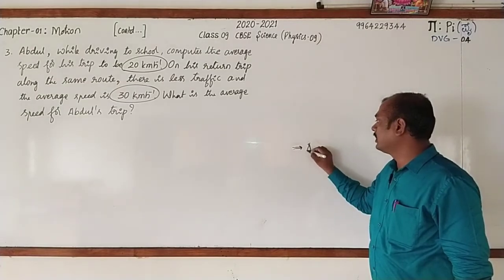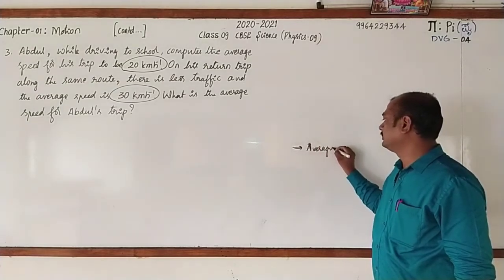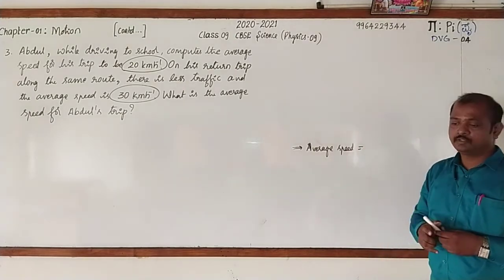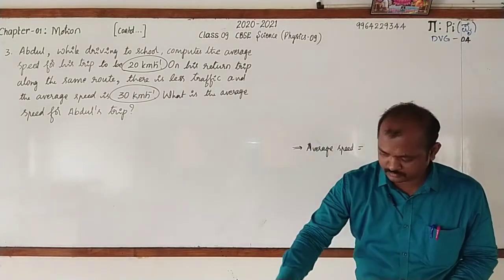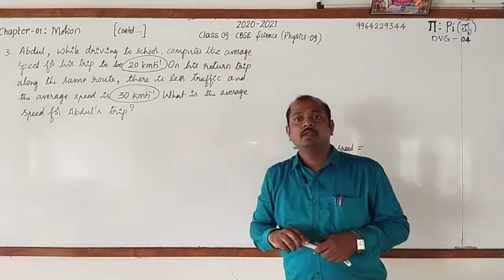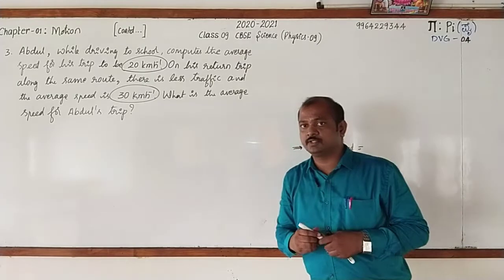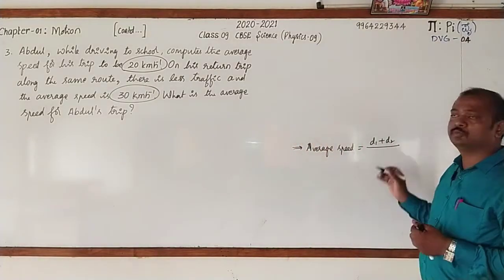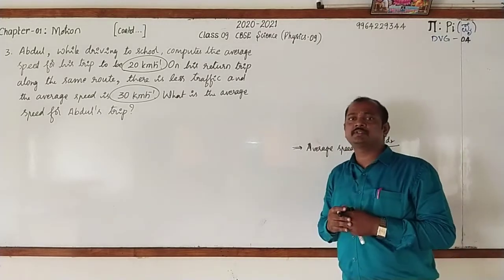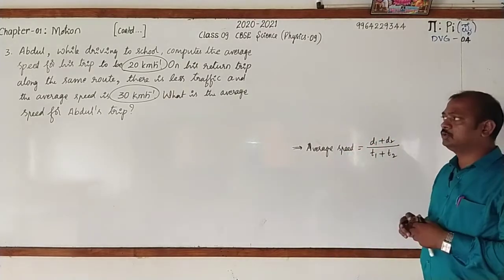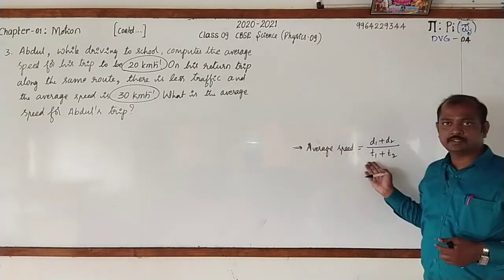It is average speed is equal to total distance by total time taken. Total distance: here there are 2 situations, right? Hence we can write this as d1 plus d2. Total time taken. Obviously time will be different. I go for taking t1 plus t2. Do you know both of these? Let us check.